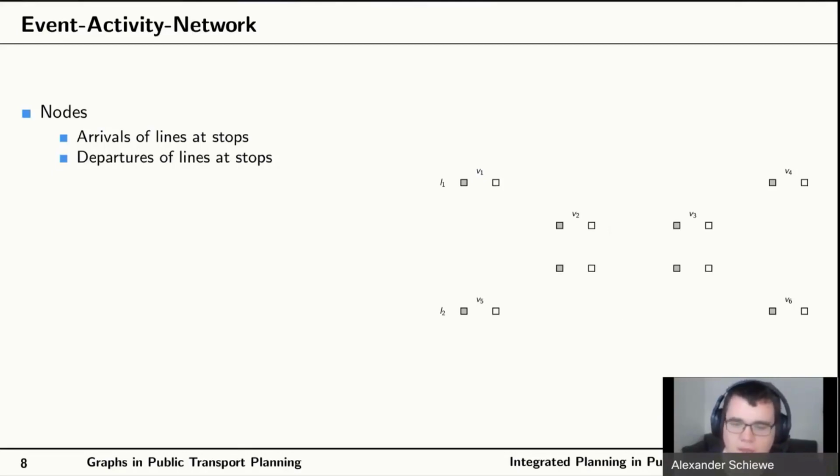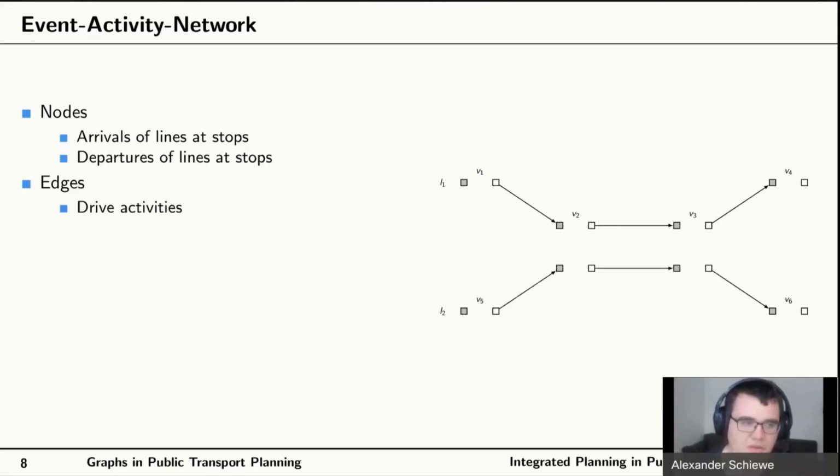And now we connect them with different kind of activities, which are our edges in this case. So first of all, we have our drive activities, driving from the departure events to arrival events, just representing a vehicle driving from V1 to V2, for example. The second things we are considering are the wait activities.